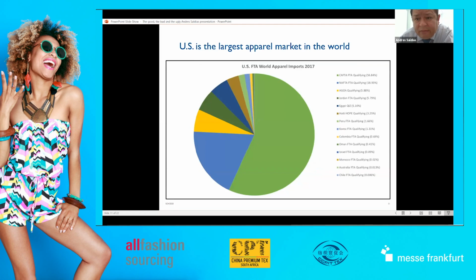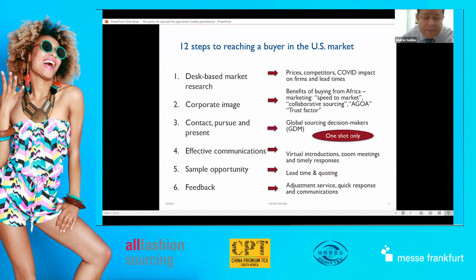And who are they? We're talking about Jordan, Egypt, Haiti, Peru, Korea, Colombia, Morocco, and they are gaining market share. They also have some special treatment on imports for the apparel industry.